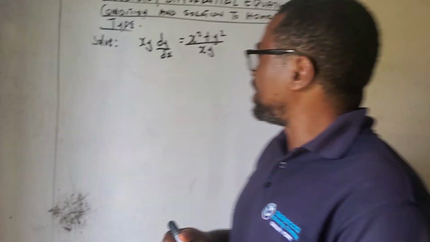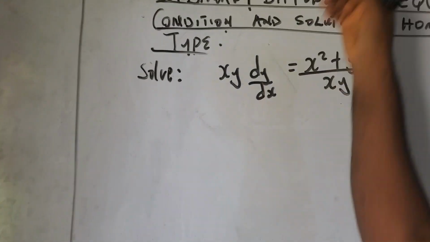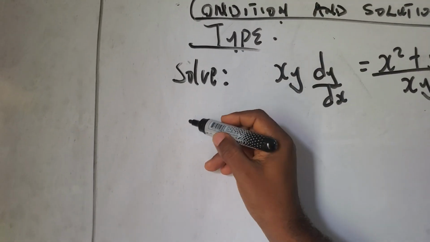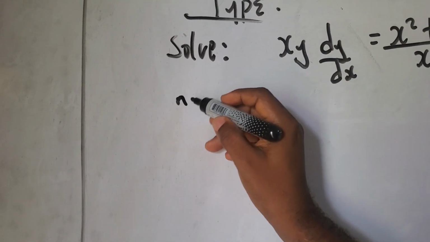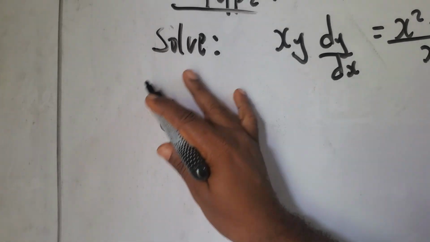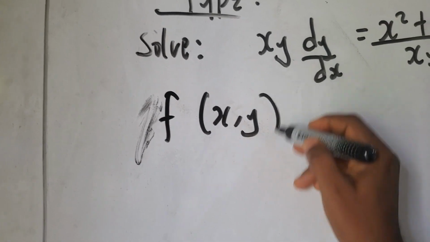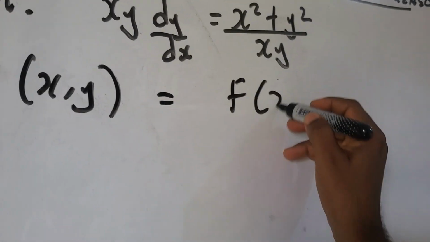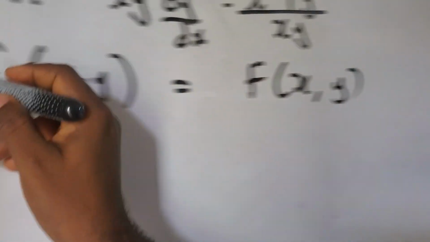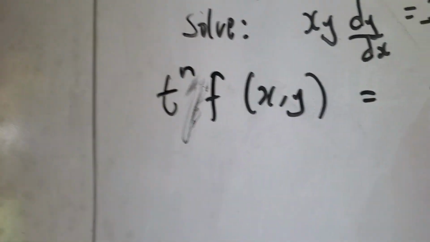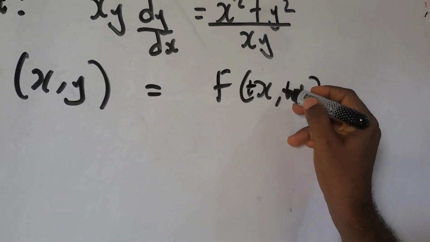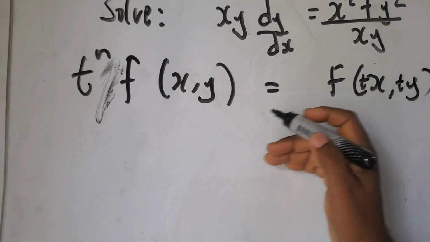Now, look at this scenario. If we have this condition, I have t raised to n, then I have tx and ty as it is now.